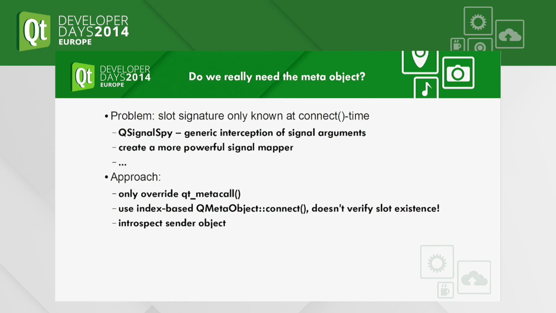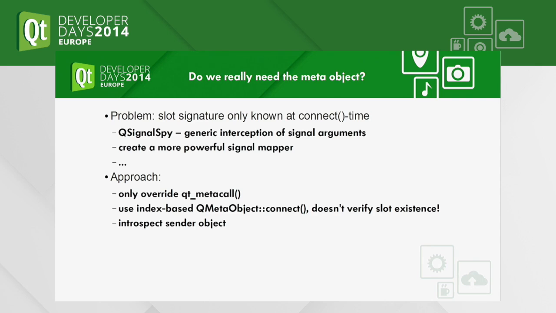But there is a way around this. There is, again, an undocumented connect method in QMetaObject. It's index-based, so you have to do the lookup yourself, but it doesn't do any safety checking. So you can connect an arbitrary signal to your object, bypassing all the safety, and you just specify an index of the slot it's connected to. If that slot exists or not, doesn't matter.